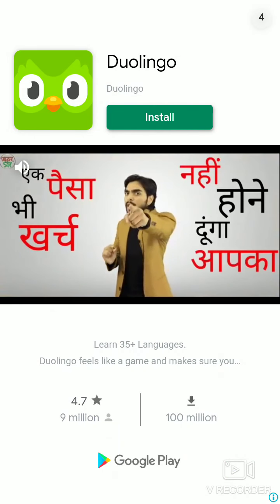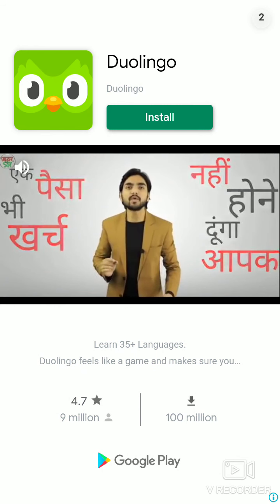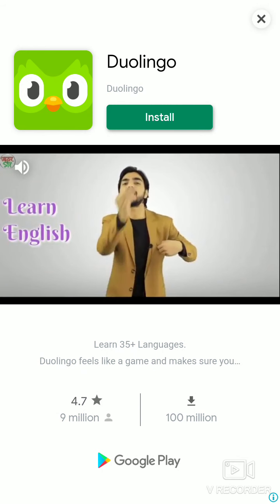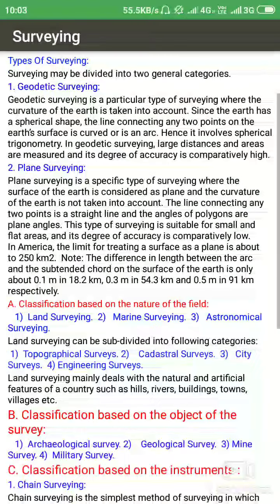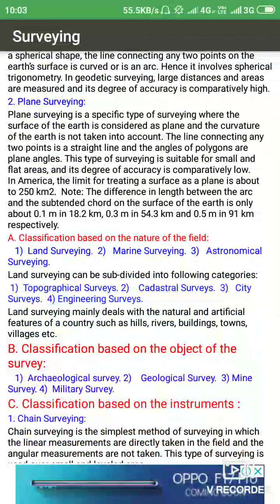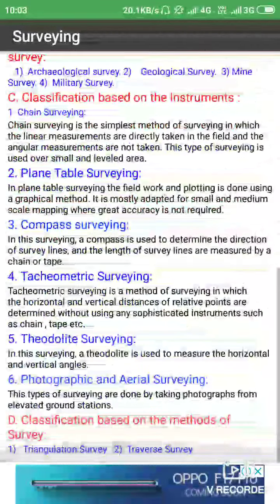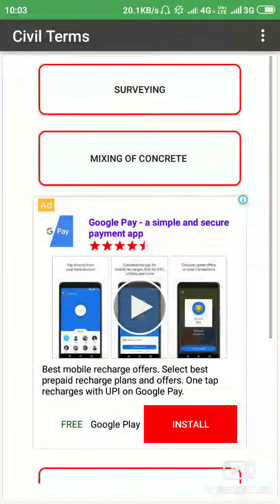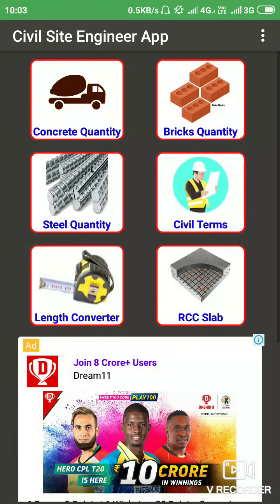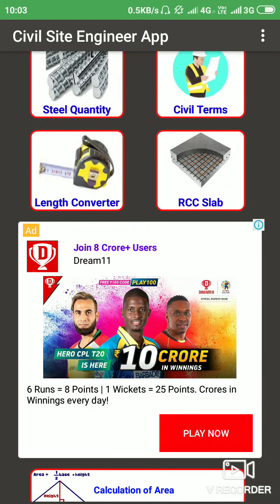In this surveying section there are ads, but we can consider it, because we get some quality apps and some quality time-saving material. So geodetic survey, plane survey, and basics, very short and very little. I think this is not very useful because these theoretical terms are very short.